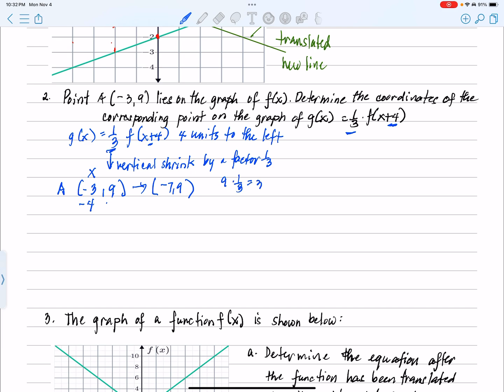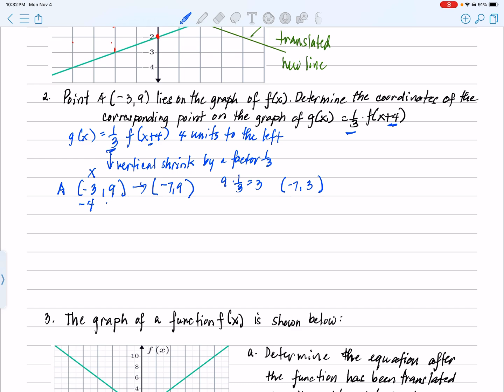So we have -7, and the 9 now is changed to 3 because it's shrunk by 1/3.